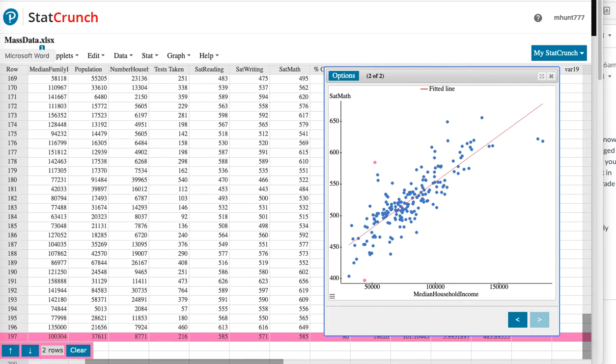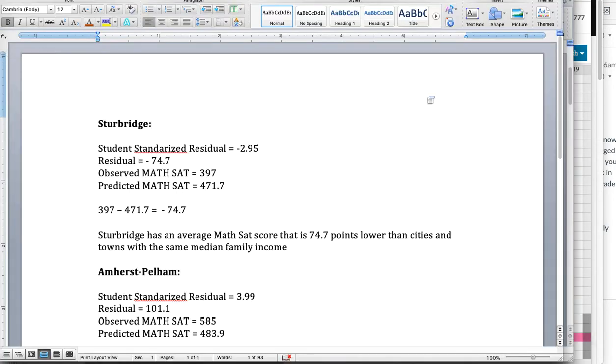So I try to summarize all of that in a little document here. The one with the most negative studentized residual was Sturbridge. It had a studentized residual of almost -3.